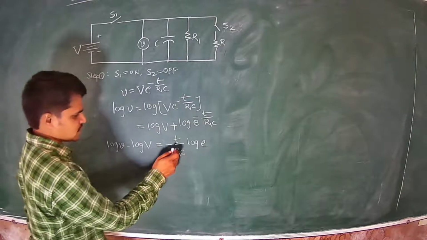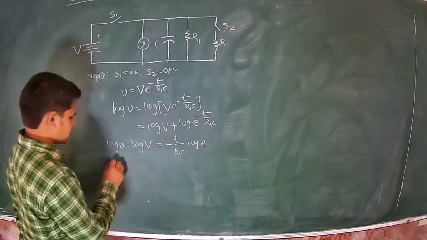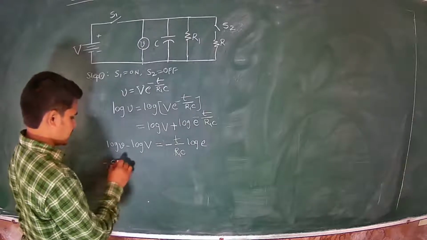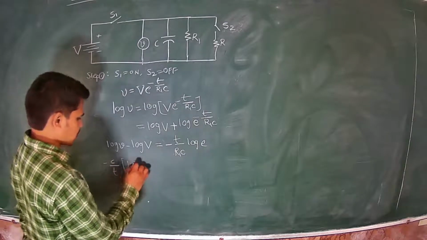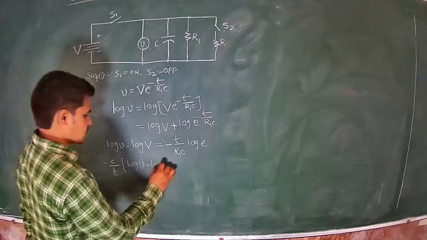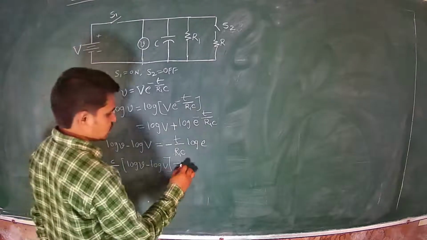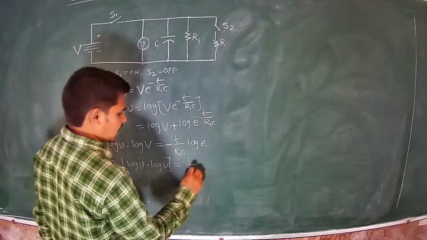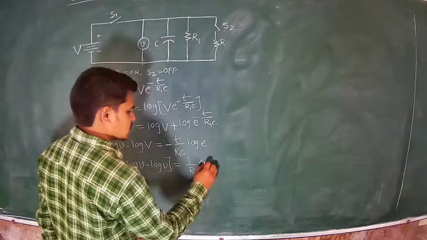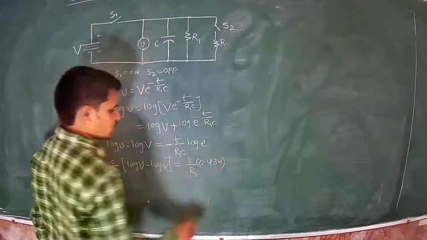So if you bring this minus t by C, you will get minus C by t into log v minus log V, which is equal to 1 by R1 into log e, where log e base 10 value is 0.434.